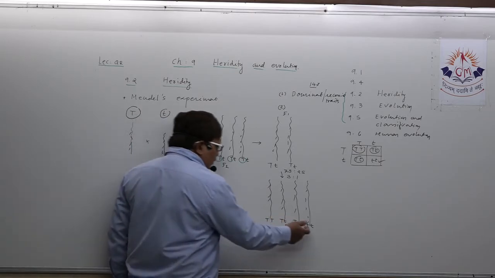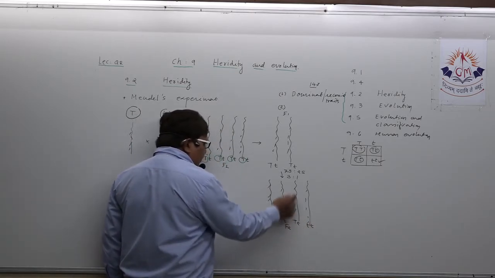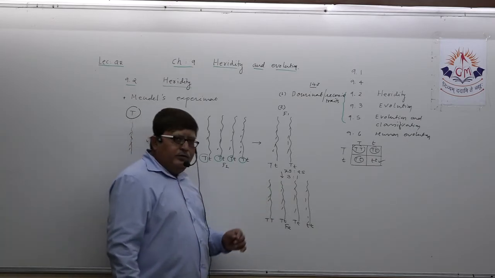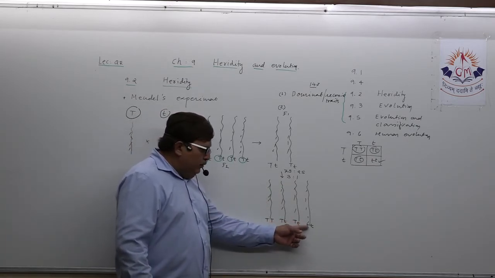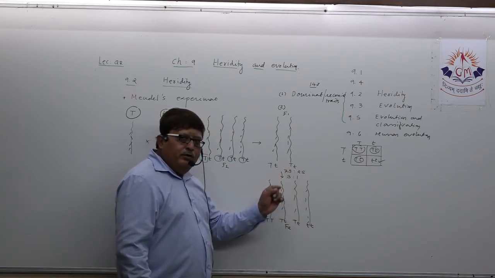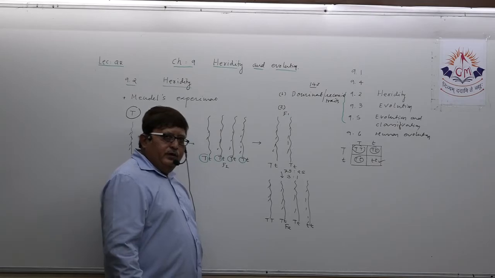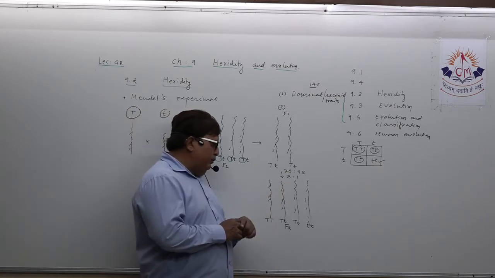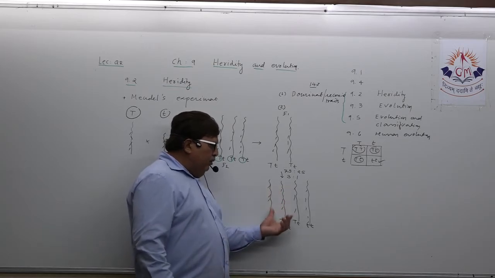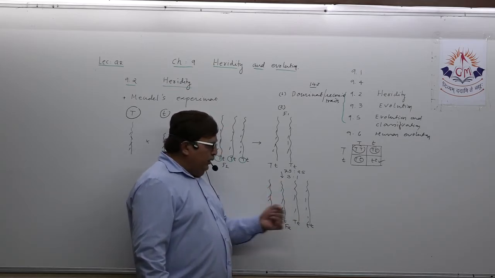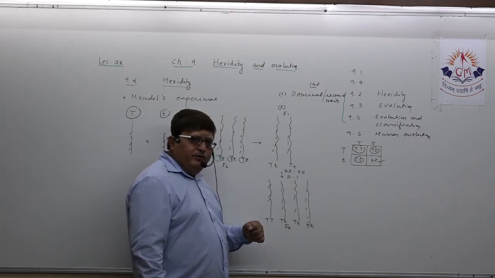What is the ratio of recessive trait to dominant trait? 1 is to 3. What is the percentage ratio of recessive trait to dominant trait? 25% to 75%. That way they can design. Understand? Dear student, you all know very well that it is 75% dominant trait and 25% recessive trait.